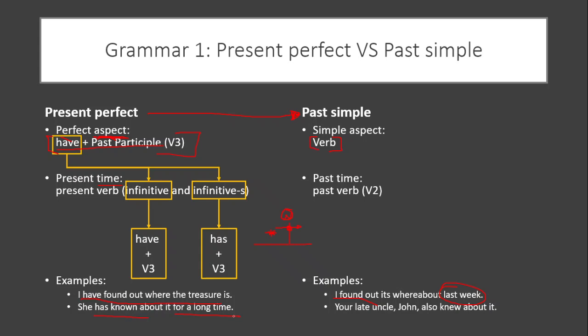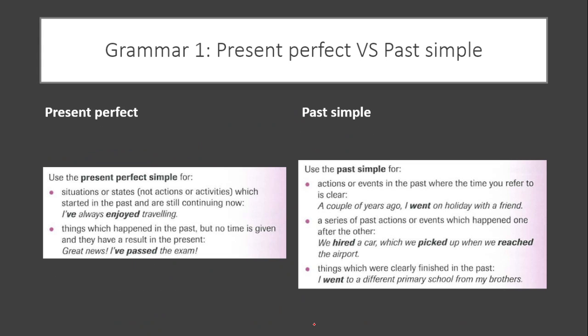Here the time began at some point and has been going for a long time until today. The time is still in process, still progressing. The second one, your late Uncle John also knew about it. Why do I use past simple here? Because I talk about your late uncle. When we talk about someone who has already passed away, we always use past simple.